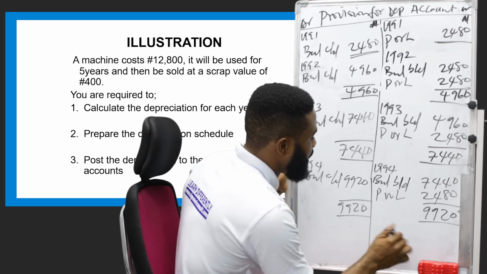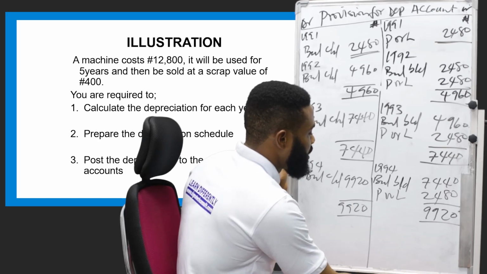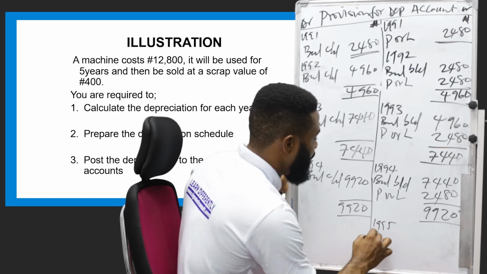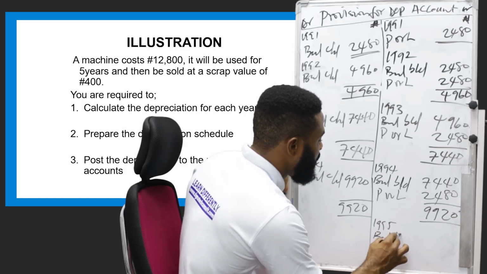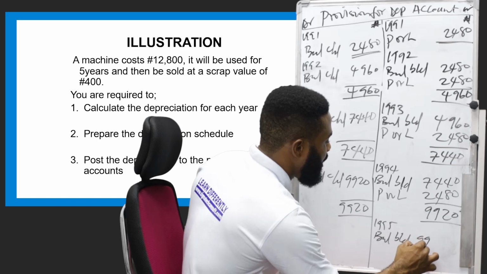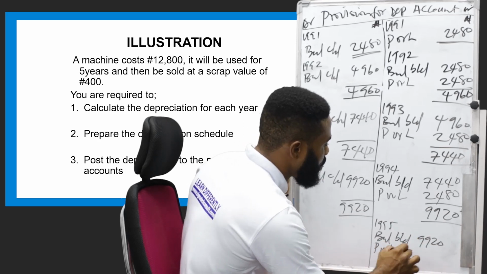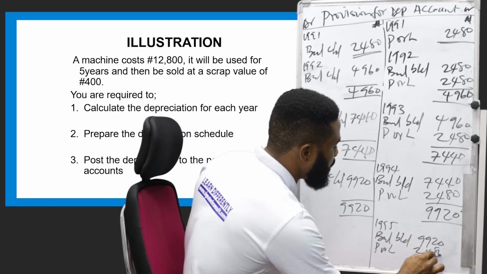And then the last but not the least is 1995. And then your balance brought down is 9920. And then your profit or loss is 2480.